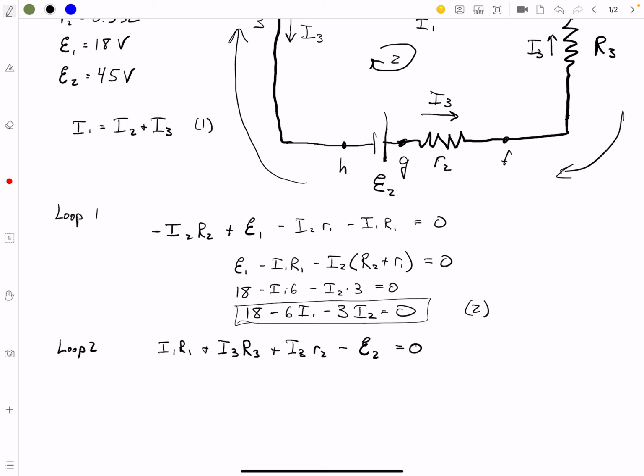Plug in all the numbers and everything, and you should get 2 I3 plus 6 I1 minus 45 equals 0. And of course, all of that is in volts, right? That's the unit. Doesn't matter. We're going to end up getting our currents out of it, and that'll be in amps.